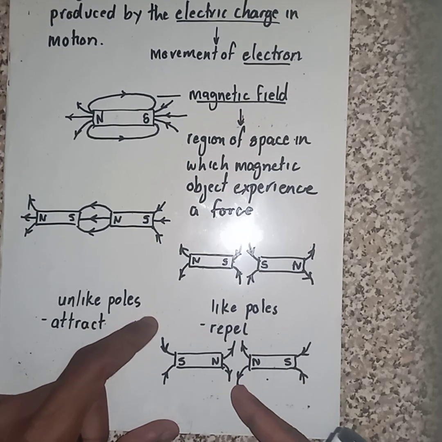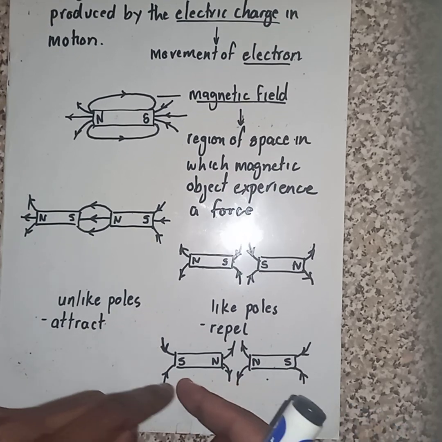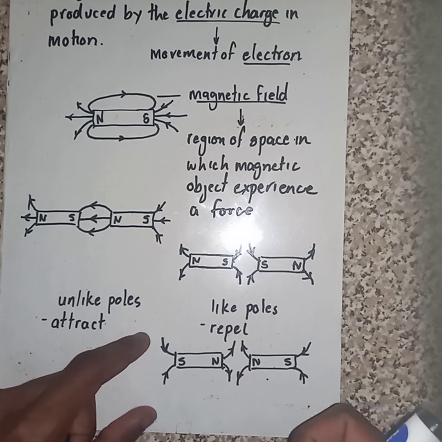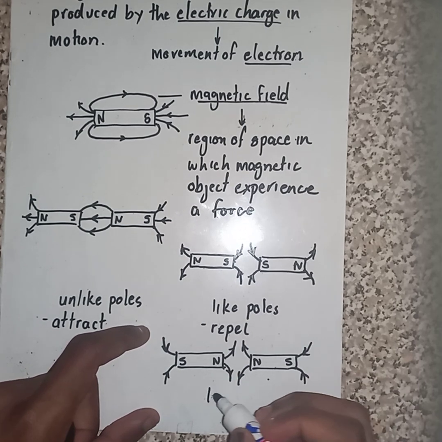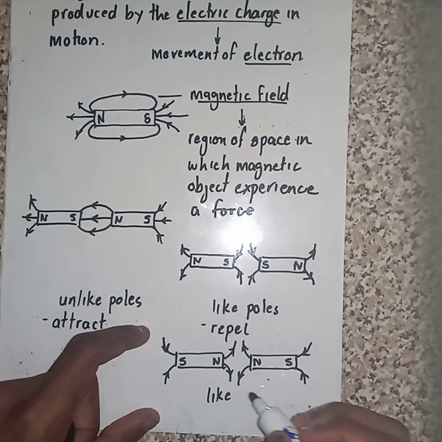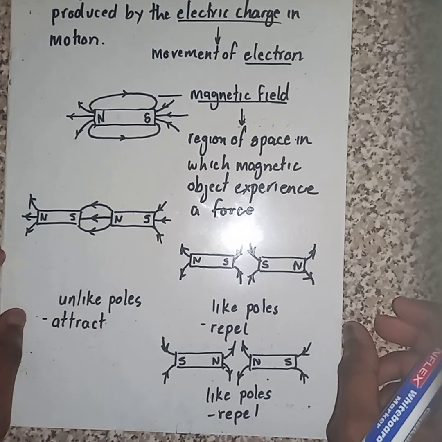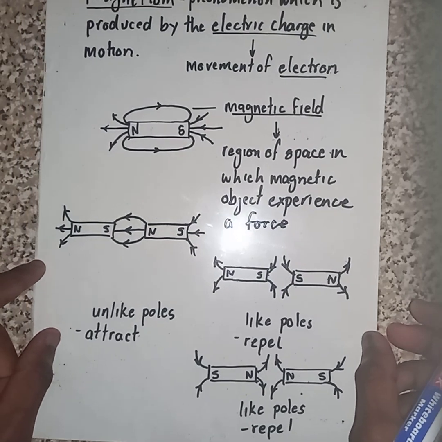For such a case, we say these two magnets, they do what? They repel. Same applies, like poles repel one another. You see?